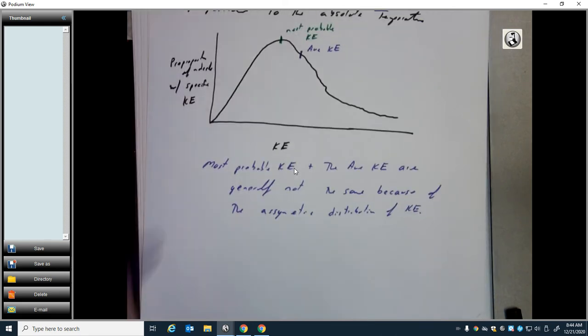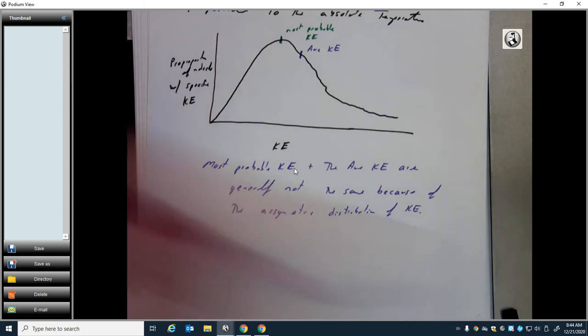Now, we often use something called the root mean square speed when we're talking about gases.